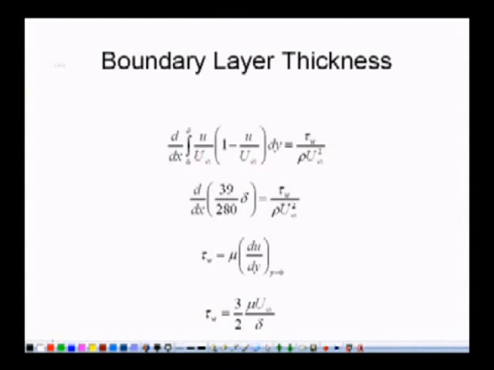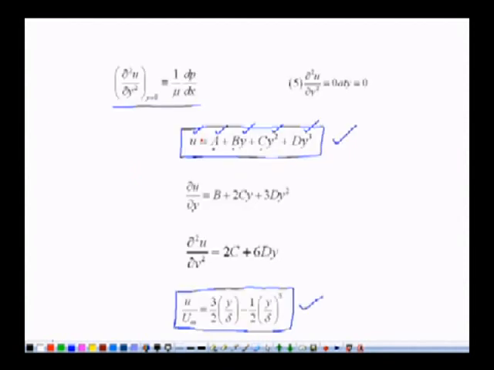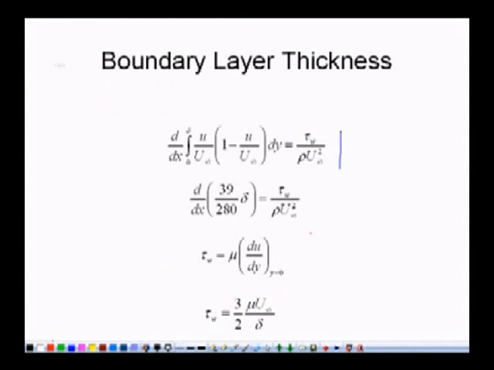If it is divided by u infinity squared, we get the same equation written here. Now substitute the value of u over u infinity from the velocity profile and integrate. We get d over dx of 39 over 280 delta equal to tau w divided by rho u infinity squared.